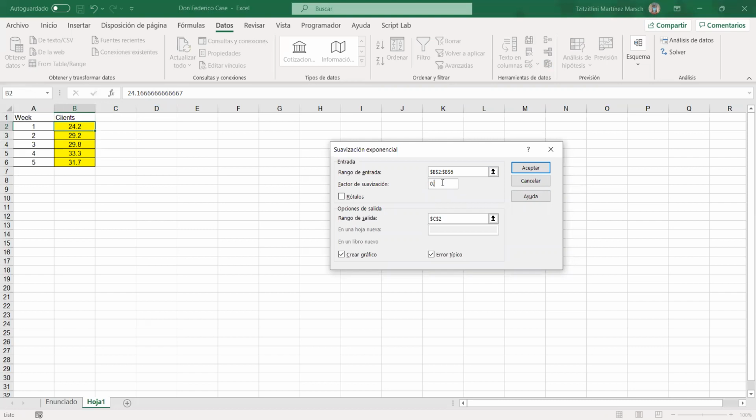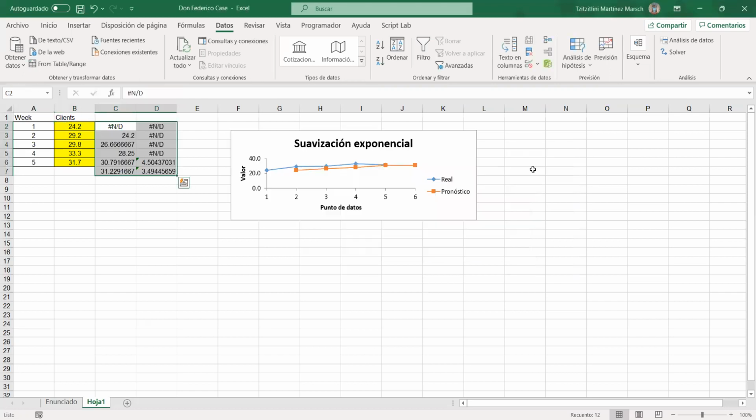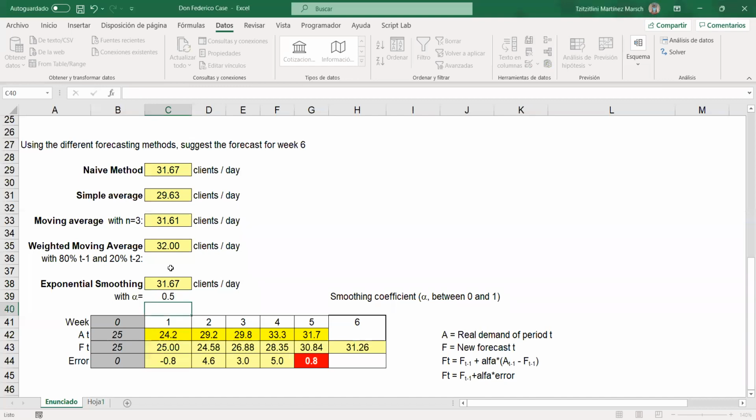And what is my coefficient? It's going to be 0.5. And I'm going to tell it that I want it to put my answer right here. And I'm forgetting one thing, and I'm sorry, it's your data plus one more. Okay, your data plus one more. And I can tell it to give me my error and my graph. And I'll go okay. And if you can tell, I'm going to go back here so that you can see, 0.5.